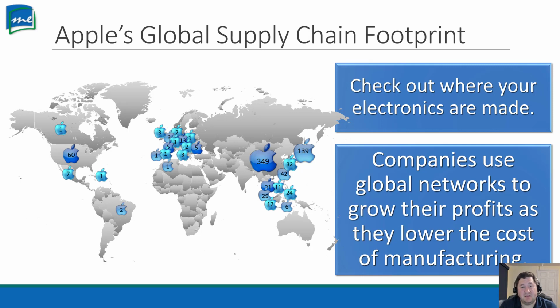There's 1 manufacturing plant in Brazil, or it might have come from other areas, depending on what the product was. So you can look at this map. China has 349 suppliers, where in the United States there's 60. You can see the ones in Europe, some 1s, 3s, 5s. There's a 13 in there. You can take a look and see where these items come from that make that Apple product that you've used.